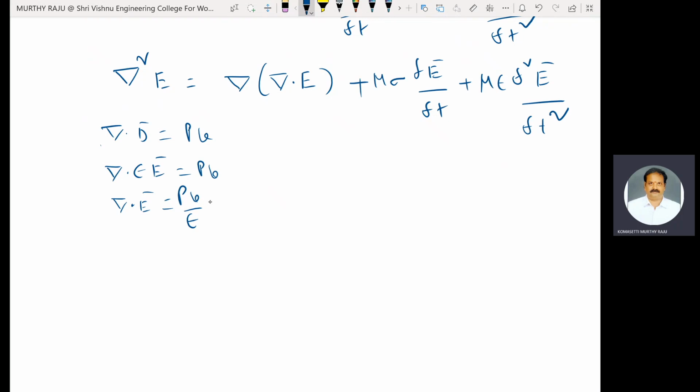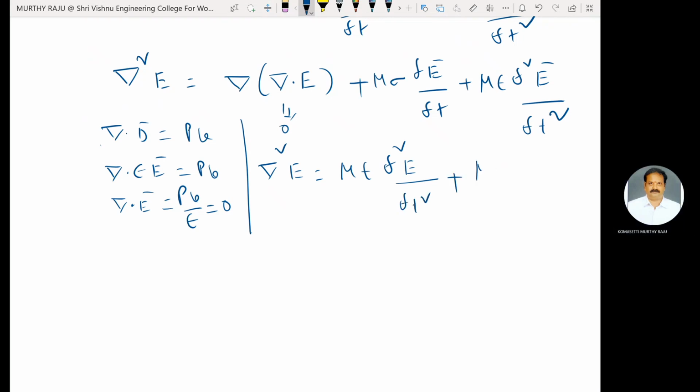In case of good dielectrics, rho V is equal to 0. Substitute here: del square E is equal to mu epsilon dou square E bar by dou T square plus mu sigma dou E bar by dou T.